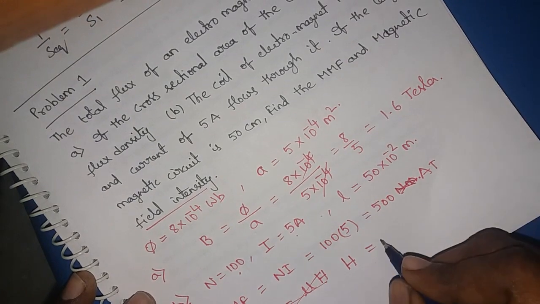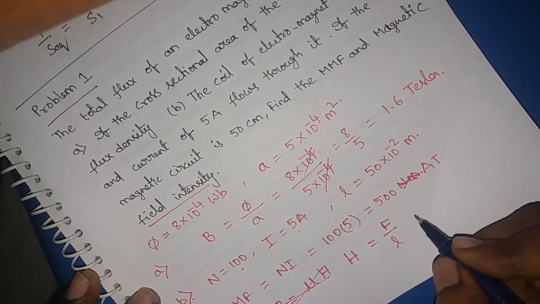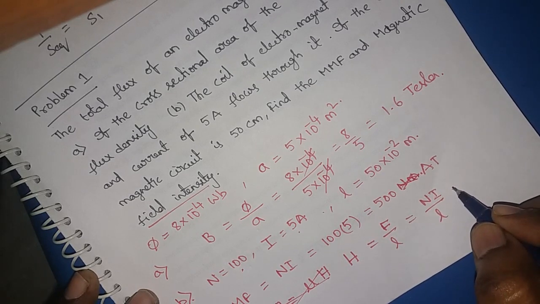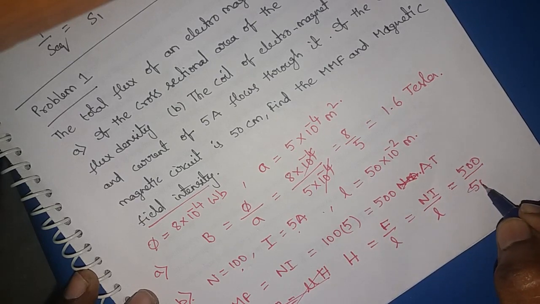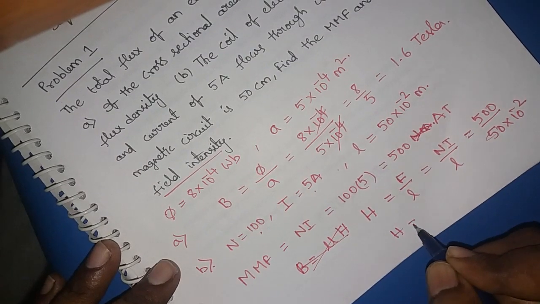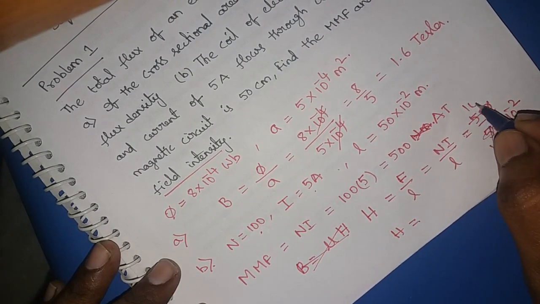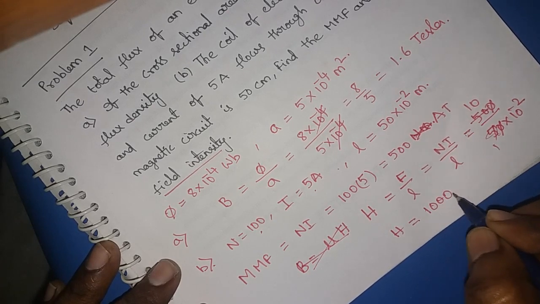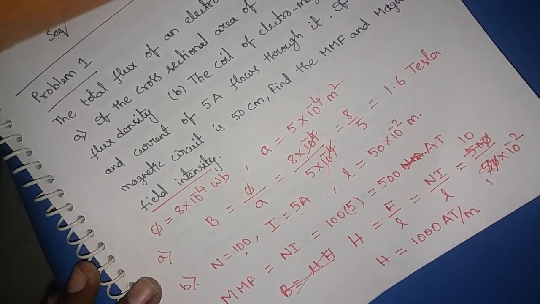H is equal to F by L, that is magnetomotive force by L, or you can also write Ni by L. Ni by L is 500 by 50 into 10 power minus 2, that is 1000 ampere turns per meter.